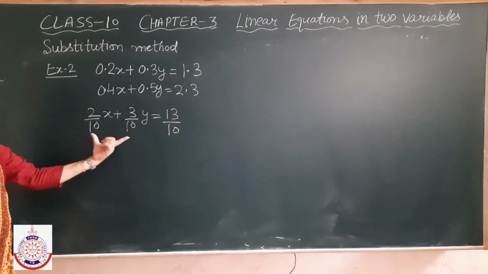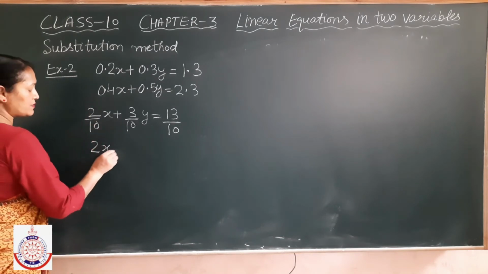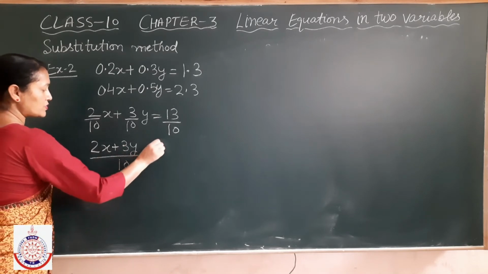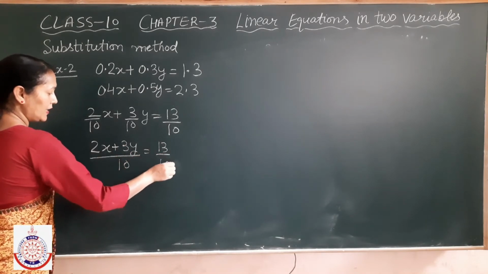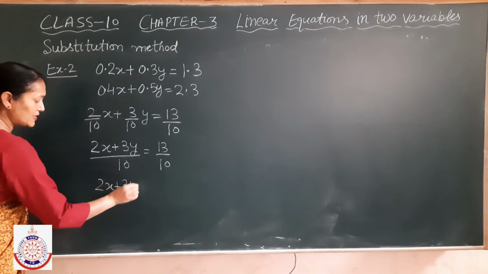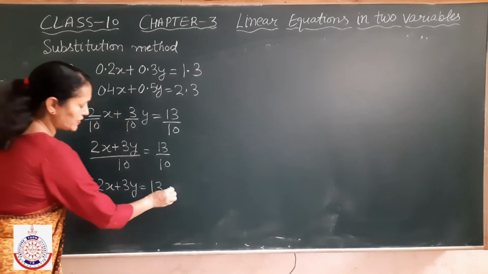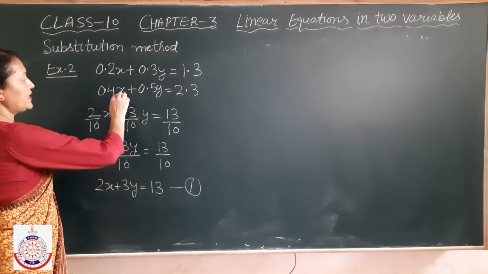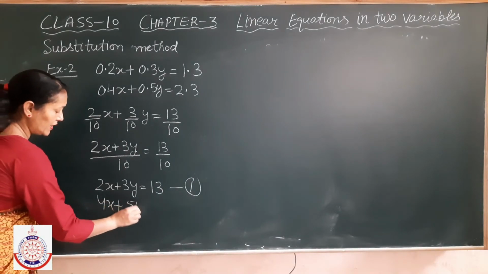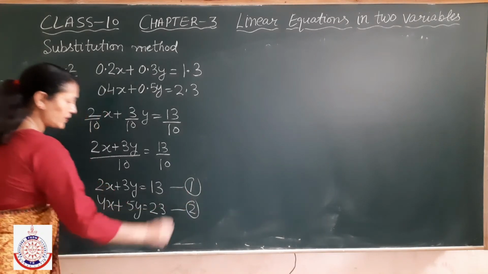Taking the LCM, we get 2x plus 3y upon 10 equals 13 upon 10. Removing 10 from both sides, we have 2x plus 3y equals 13. Let this be the first equation. In the same way, removing decimals here, we get 4x plus 5y equals 23. Let it be the second equation.